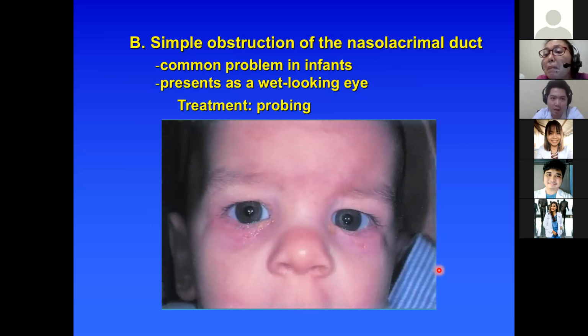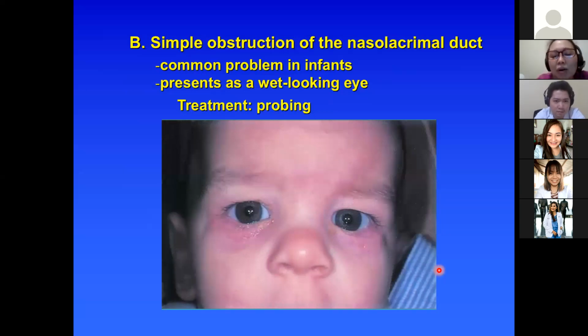The inferior nasal meatus. Okay. Now, what valve is covering that area there? The valve of Hasner.